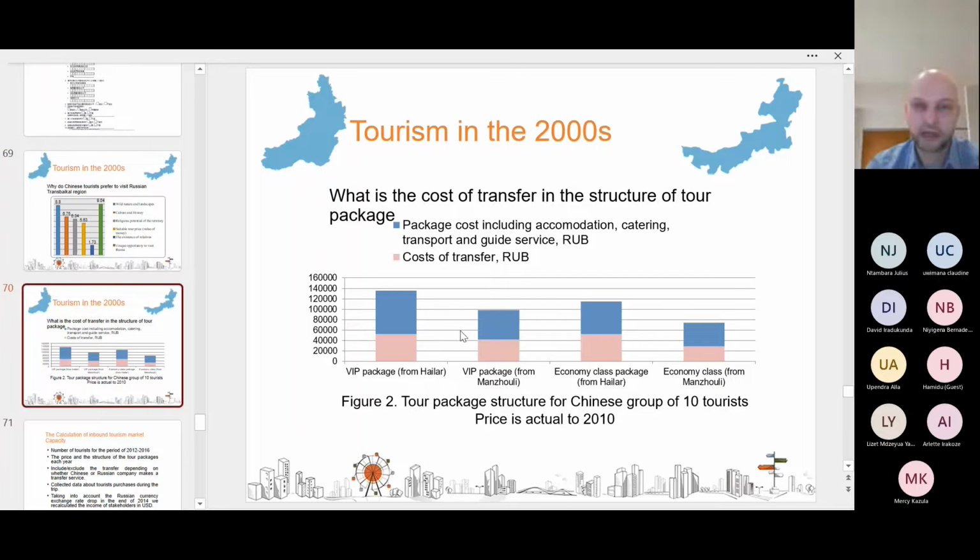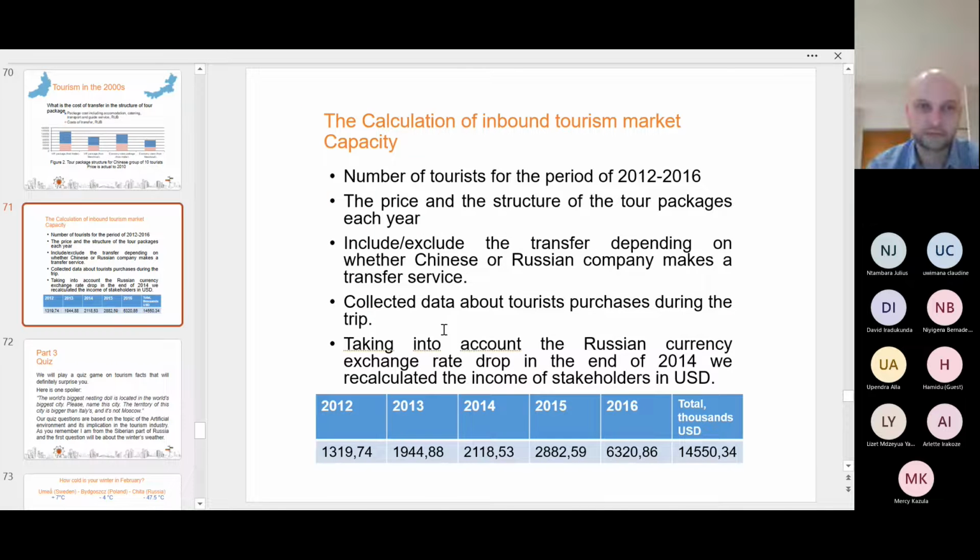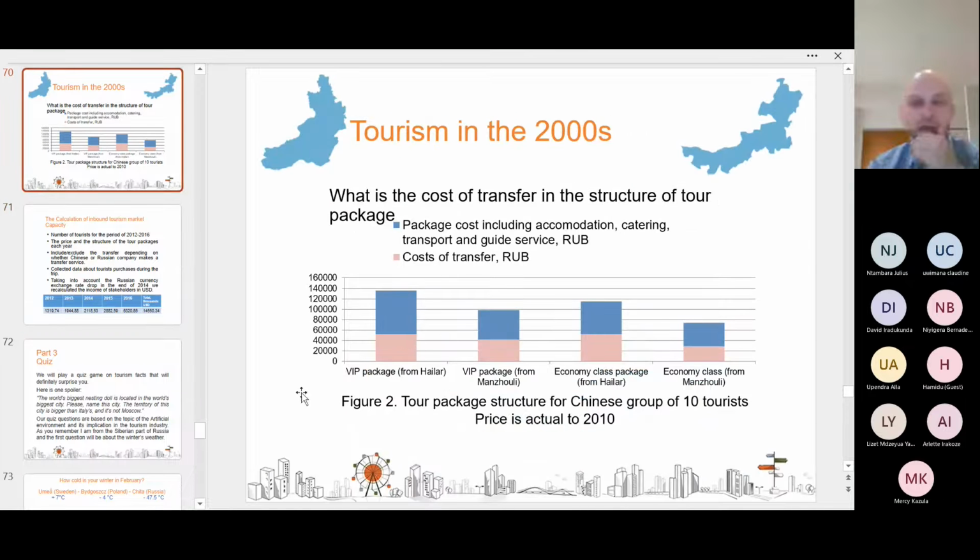So how exactly did we do it? As I mentioned, we have two main tour packages: from Hailar by plane, and from Manzholi by train. Also, taking into account that we have different companies who provide transfer, we can assume whether money goes abroad to China or stays here in Russia.